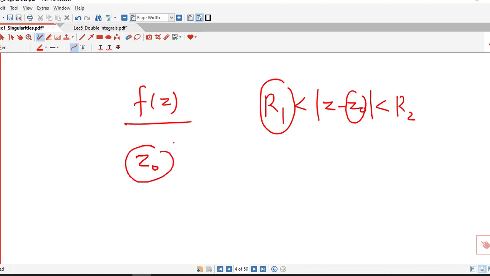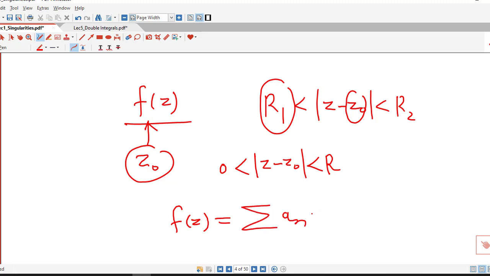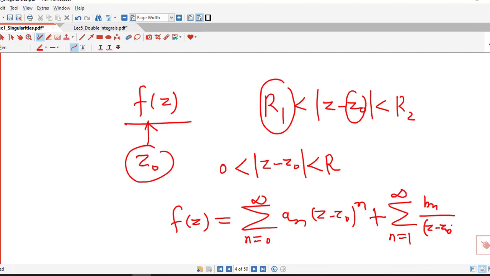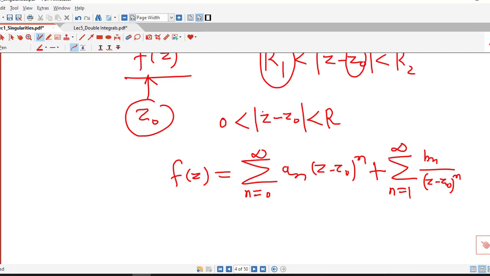So if z0 is an isolated singularity, by definition our function is analytic in this domain, and f(z) can be represented by a Laurent series in it. So we will have this type of Laurent series expansion in the deleted neighborhood of the isolated singularity.